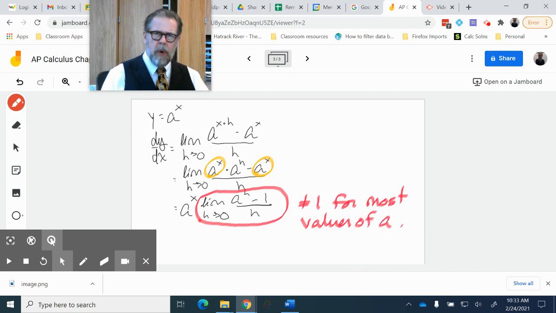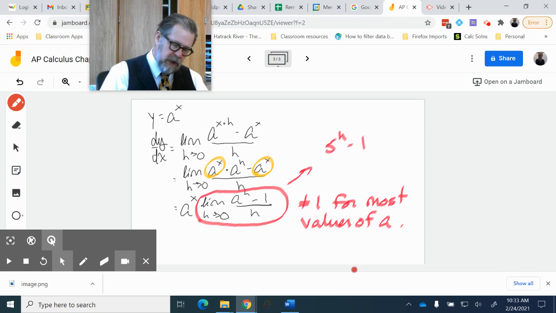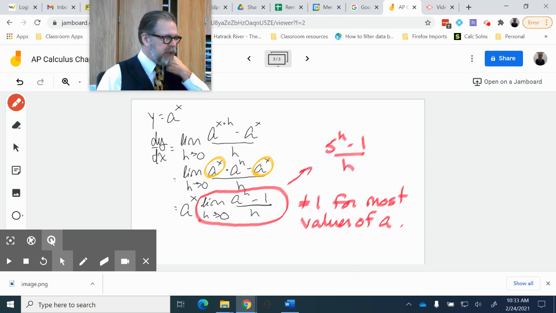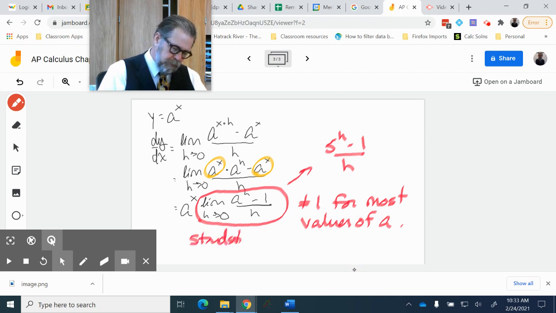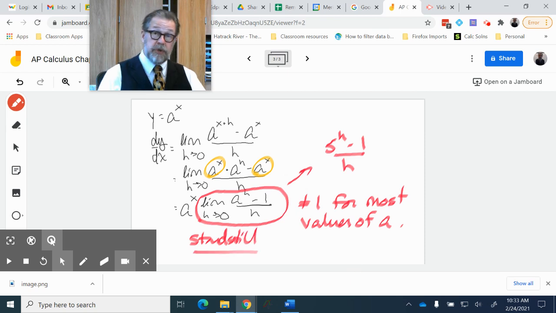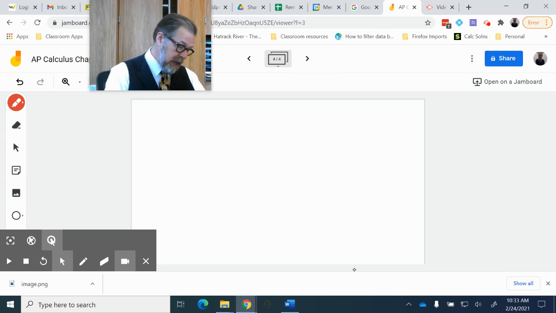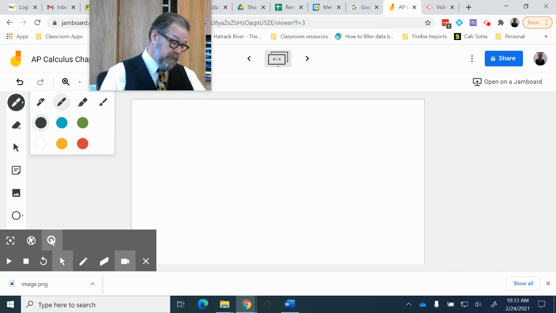And if you want to double check me, go ahead and type in 5 to the h minus 1 divided by h, and you'll see that, in fact, you get a different value. So unfortunately, this doesn't work. We're at a bit of a standstill here. So we're going to try a new strategy. Okay, new strategy. Here we go.